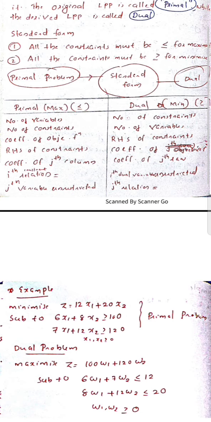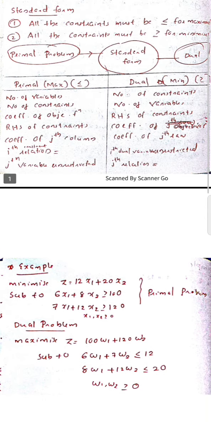And if the primal problem is of the type maximization, then its dual problem must be of the type minimization, in which all the constraints are of the type greater than or equal to. And suppose our primal problem is of the type minimization, then its dual problem must be of the type maximization. The next point: the number of variables in the primal problem must be equal to the number of constraints in the dual problem.